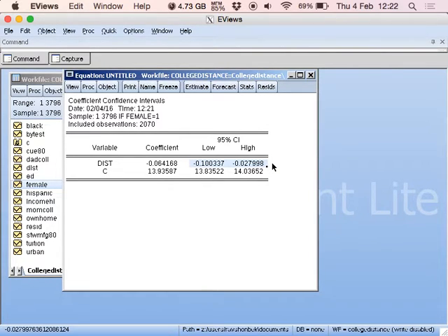If you create a 95% confidence interval, you are saying that in 95% of these 100 cases, the true beta lies between minus 0.10 and minus 0.027. Sometimes you will see people say, "I have 95% confidence that the true beta is between minus 0.10 and minus 0.027." That's acceptable. And 0 is not in there, is it?